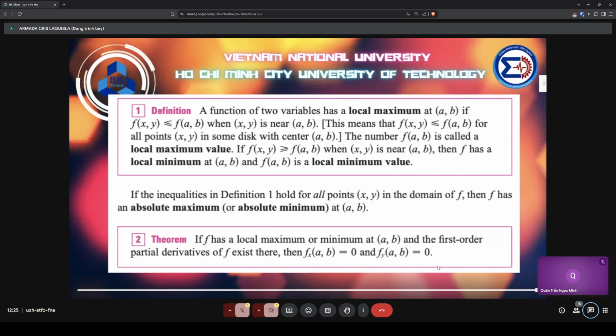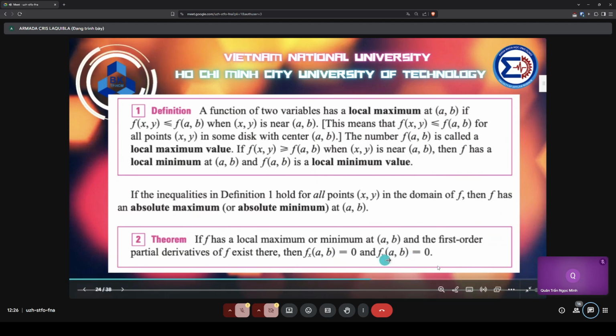So for local maximum and minimum, you first solve these two values. If you substitute a, b into your fx and fy and they are 0, it means that f has a local maximum or minimum at that point a, b.